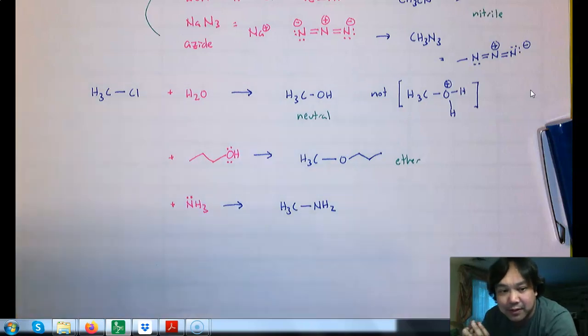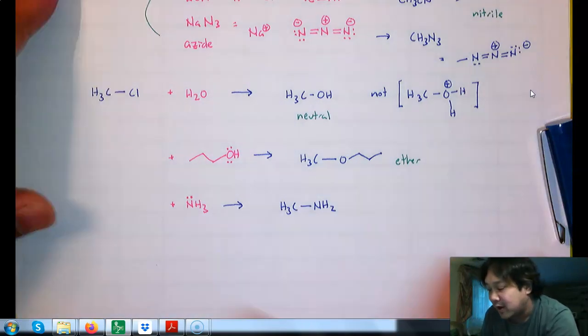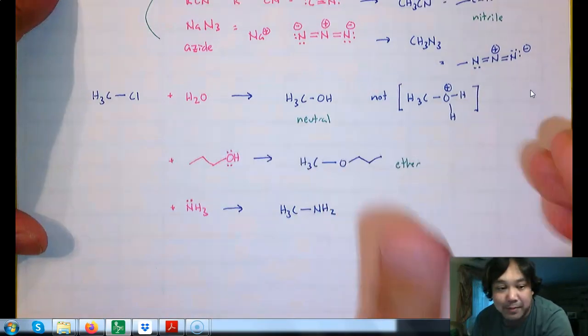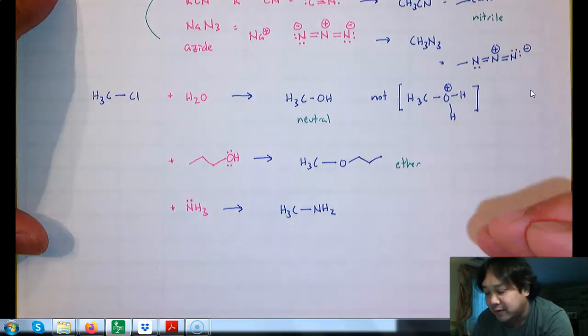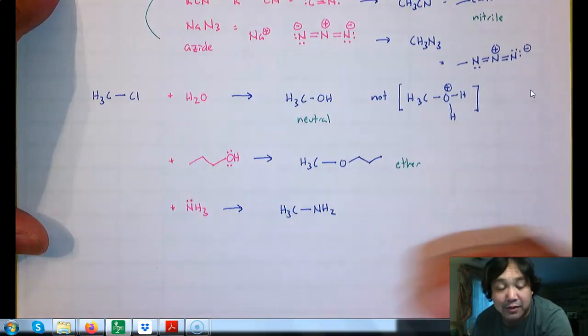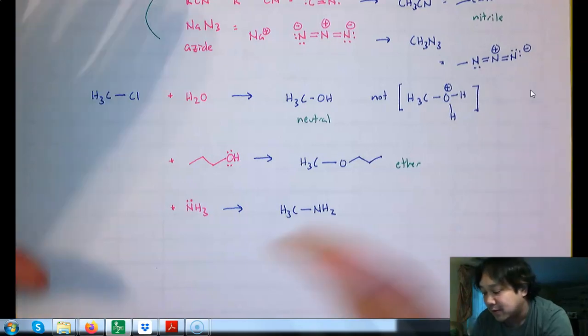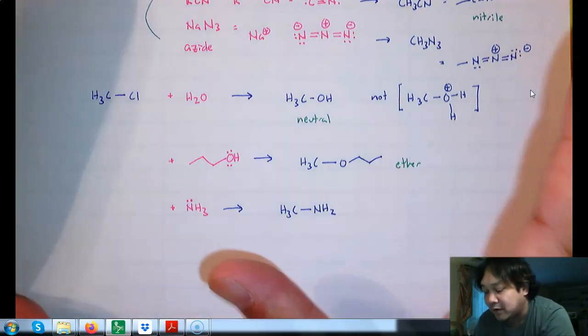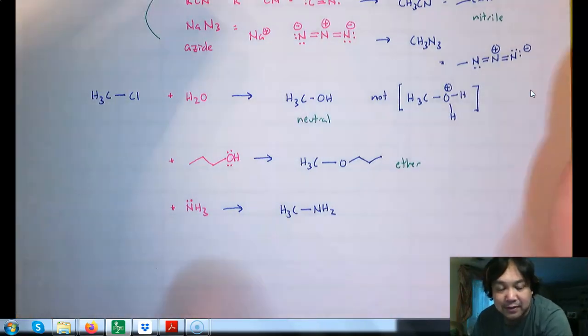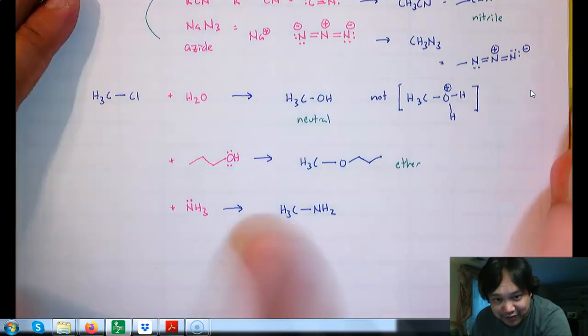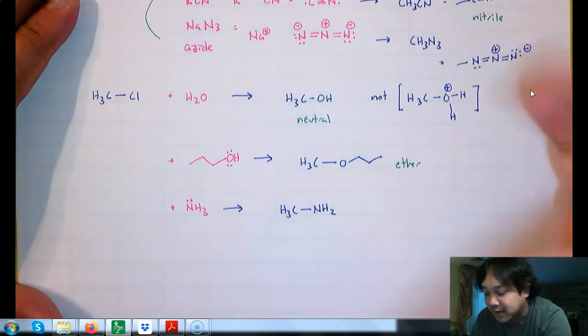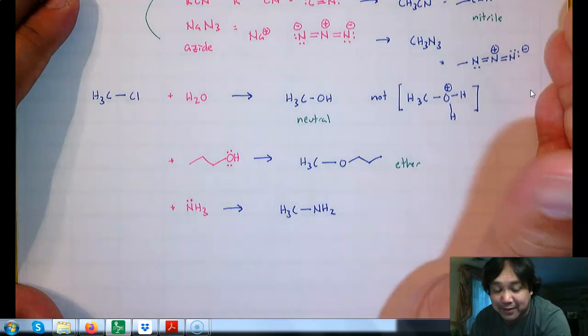All of this is within substitution. We are not going to consider elimination until we finish substitution and we go on to the next unit. So all of these videos in this unit are based on just the substitution reaction, even though in some cases elimination can happen. So that's my disclaimer.